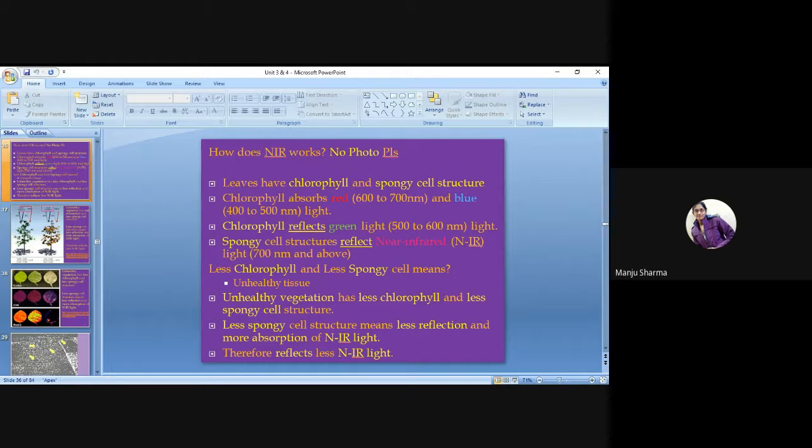Chlorophyll reflects green light, 500 to 600 nanometer light.